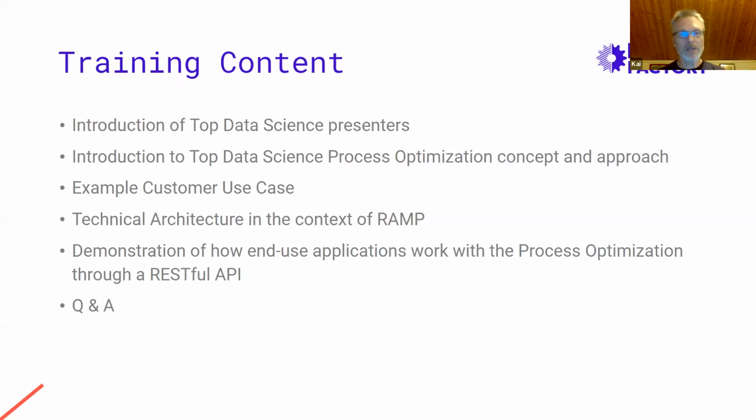Then we describe the technical architecture in the context of RAMP and demonstrate how the end use application works with the process optimization technology through RESTful API. And then at the end, questions and answers. So that's the plan.